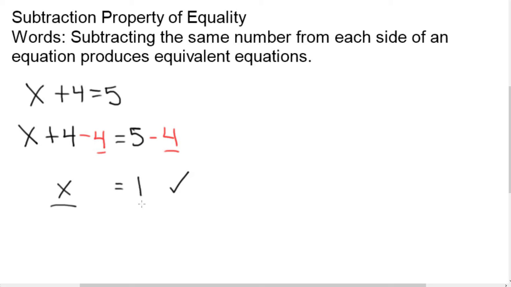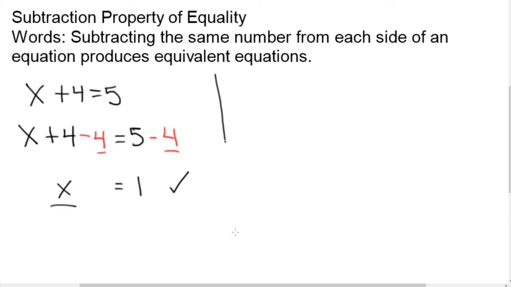Our justification for it, we're able to do it because of the subtraction property of equality. This is one to definitely remember. This one comes up over and over. It never stops appearing in math and in algebra especially.